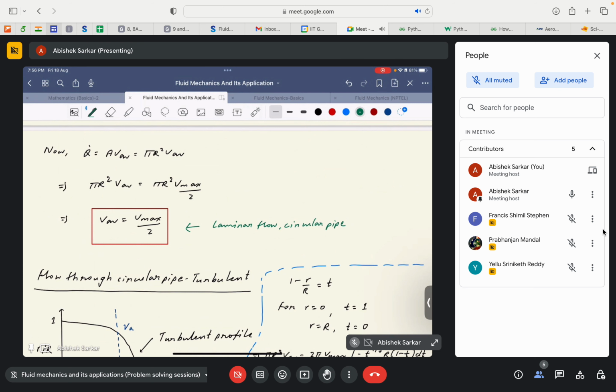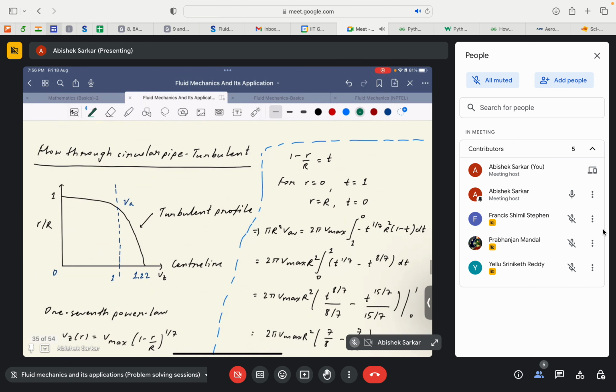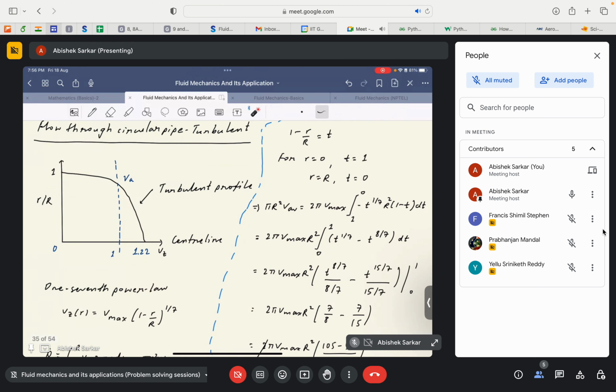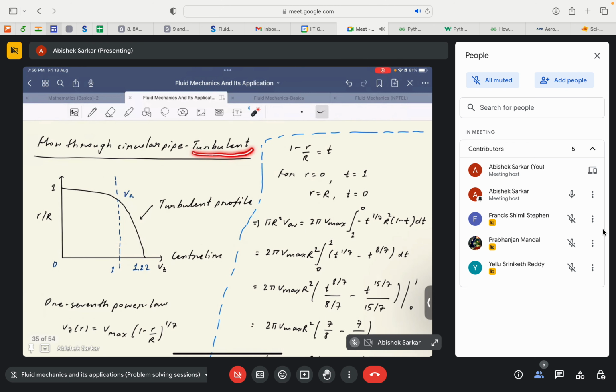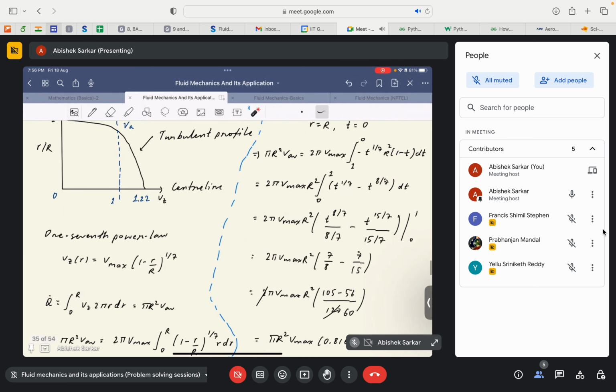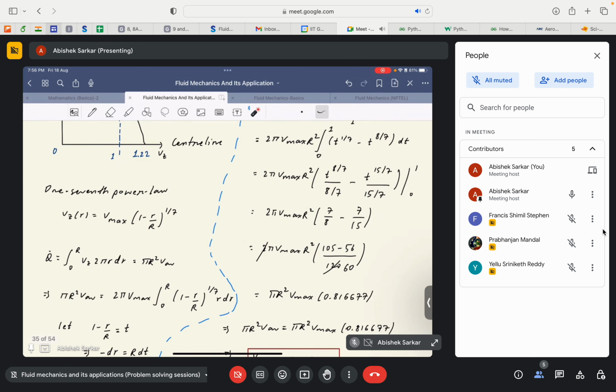Following a similar derivation, we deal with turbulent flow through a circular pipe. Here the flow is taken to be turbulent, and personally, I have not solved an analytical solution to find this relationship, the velocity profile.